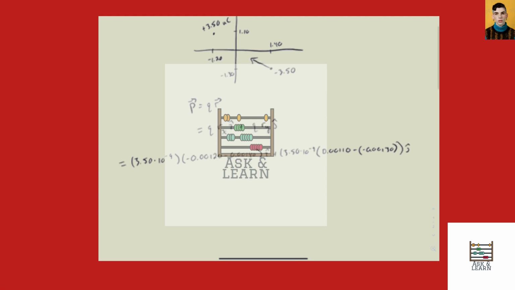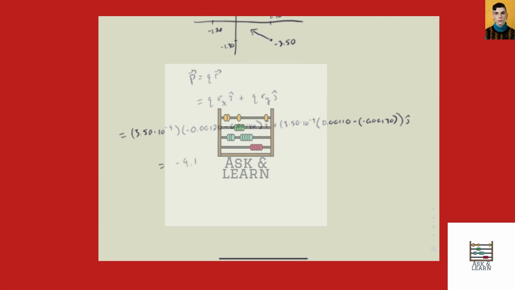For the y coordinates, we can say positive 0.0011 and minus a negative 0.0013, and this is the j component, so we get minus 9.1 times 10 to the minus 12 i hat plus 8.4 times 10 to the minus 12 j hat, and this is the dipole moment, so it's coulomb meters.